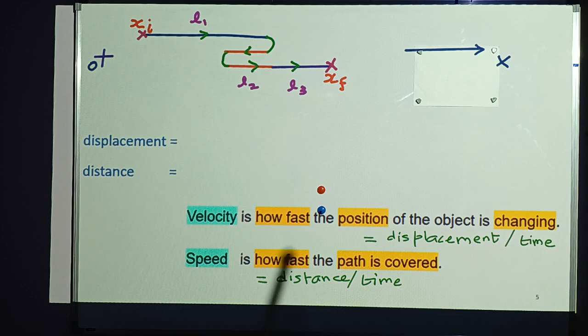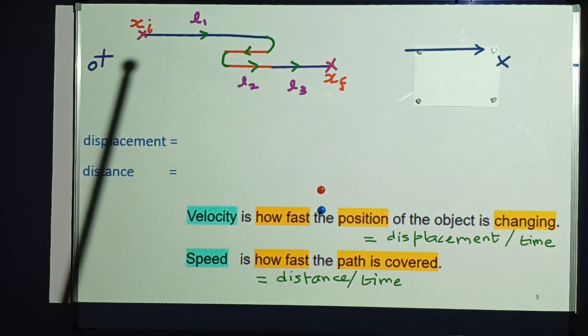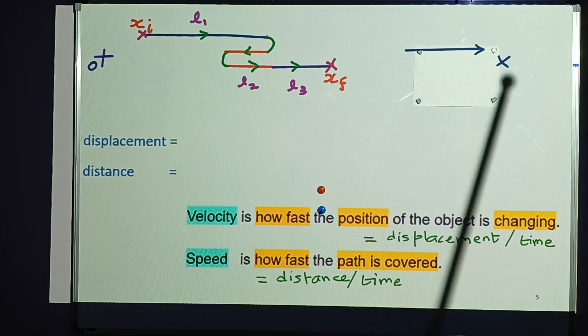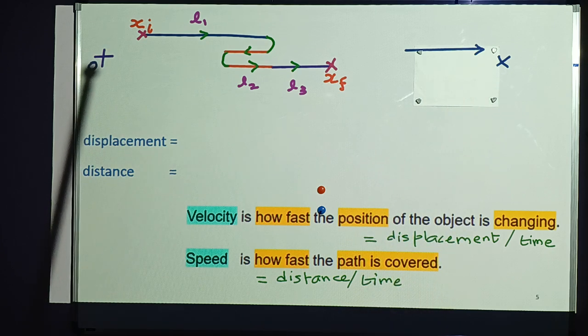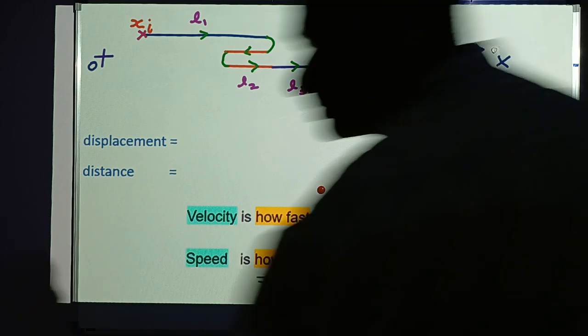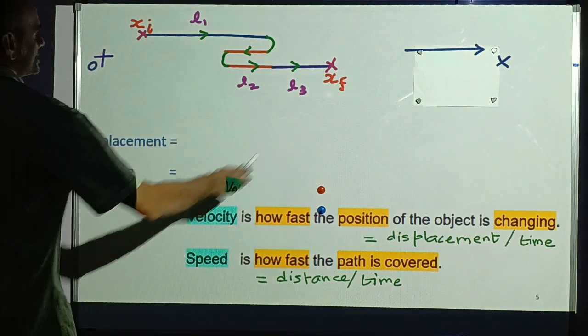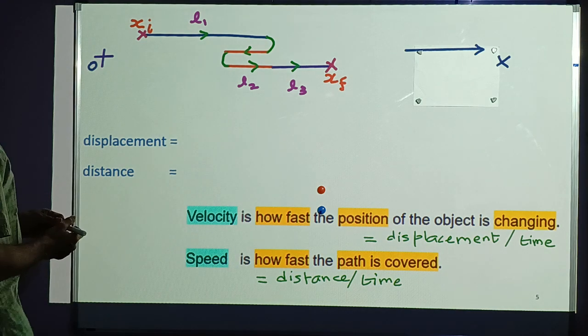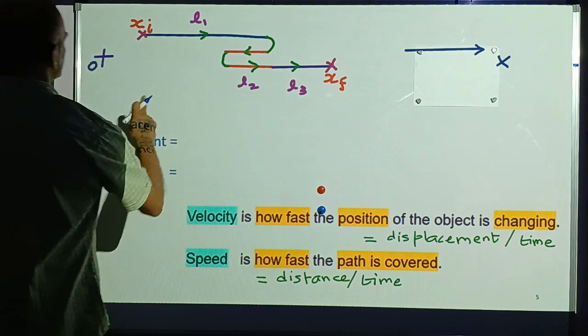So we consider a body moving from this initial location to the final location here, and let the axis be towards right, and the origin of the x-axis is here. So the initial location, let the x-coordinate be xi, and the final location, let the x-coordinate be xf. So displacement is how far the final position is from the initial position.